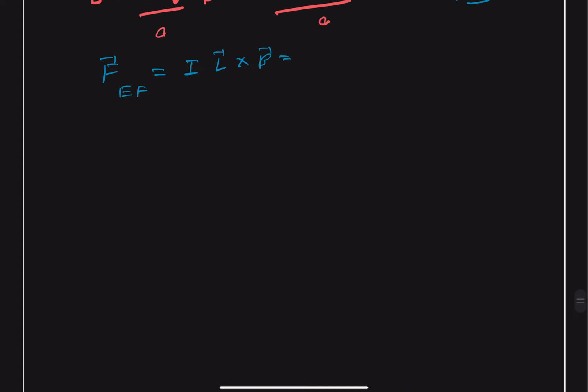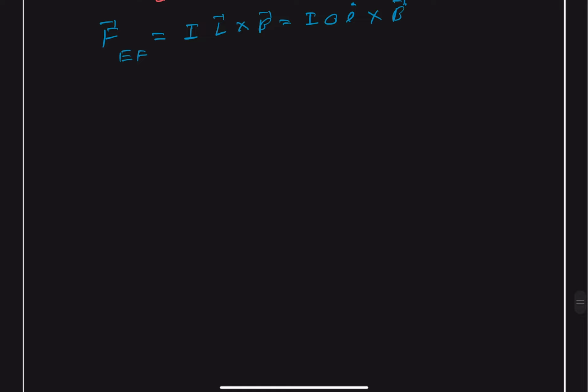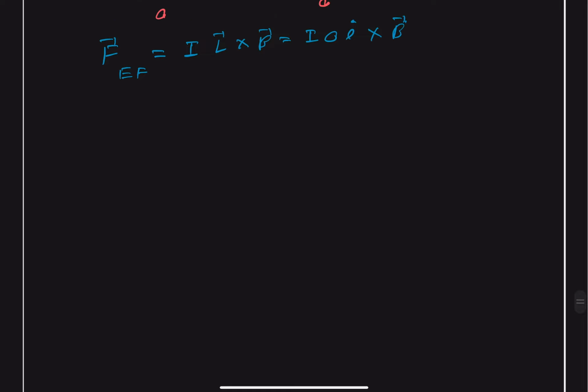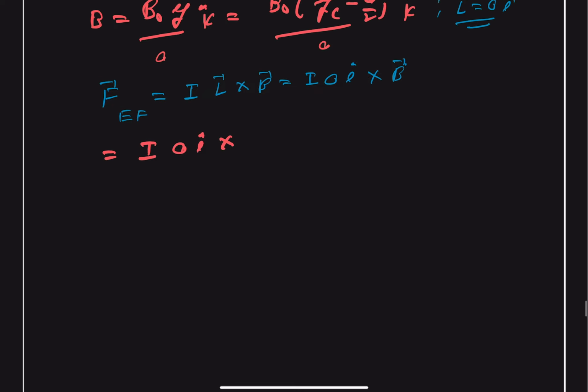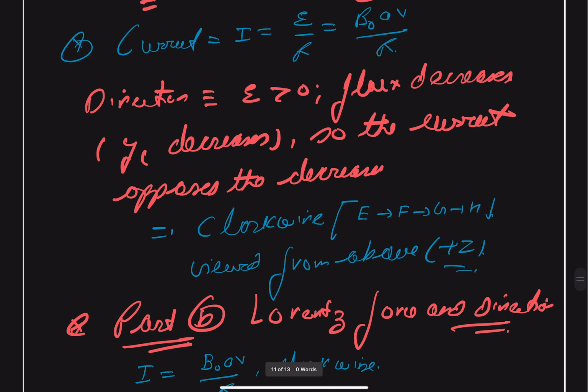So we substitute the values, we get I, and this is A I unit vector cross B. The value of B is B naught YC minus A by 2 K unit vector divided by, let me check if it is A or 2A.